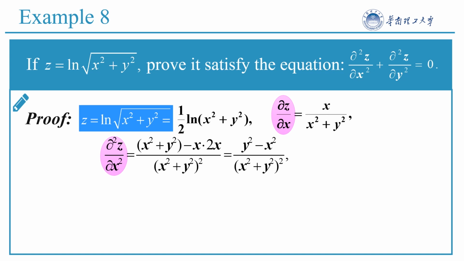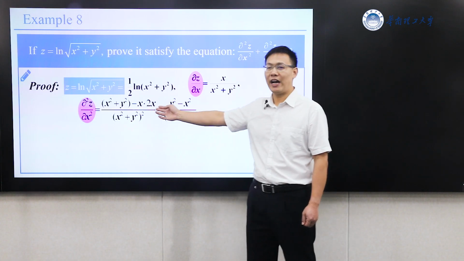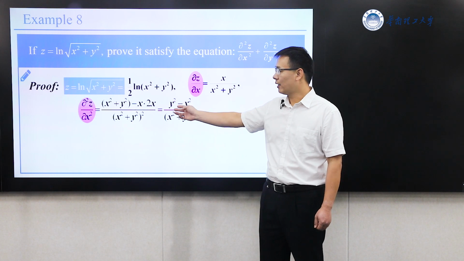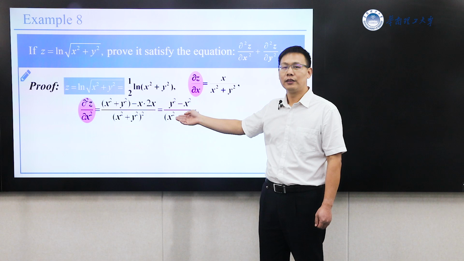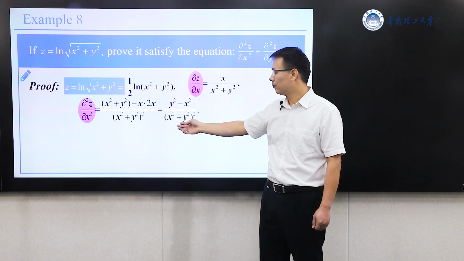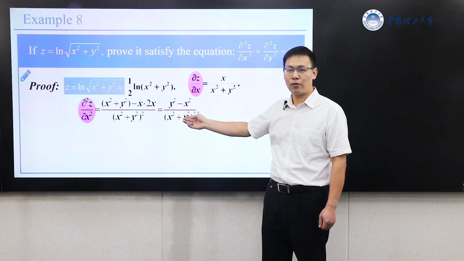differentiating partial z, partial x with respect to x again, we obtain the second partial derivative of z with respect to x twice is this expression, simplifying as (y squared minus x squared) over (x squared plus y squared) all squared.